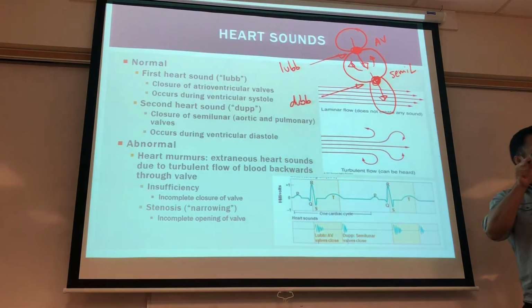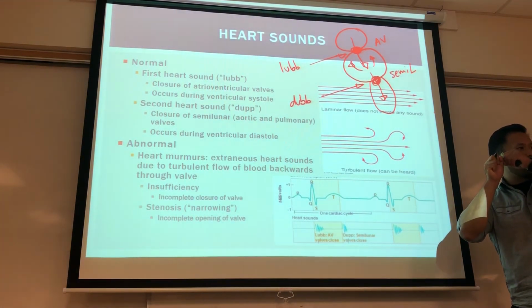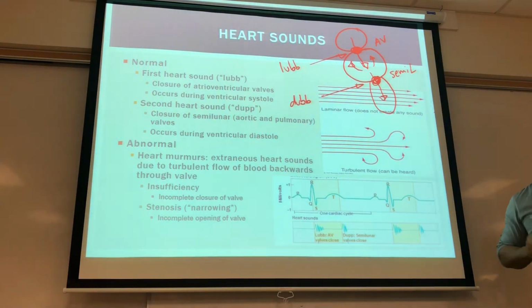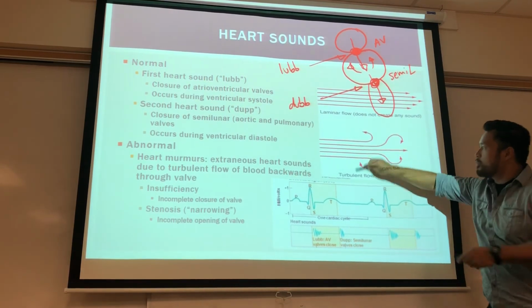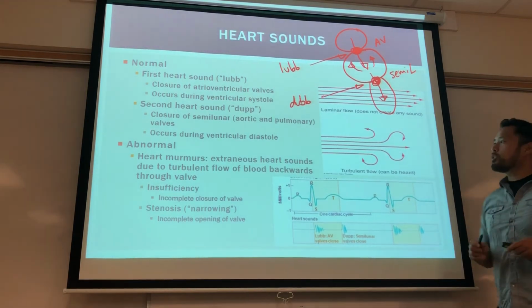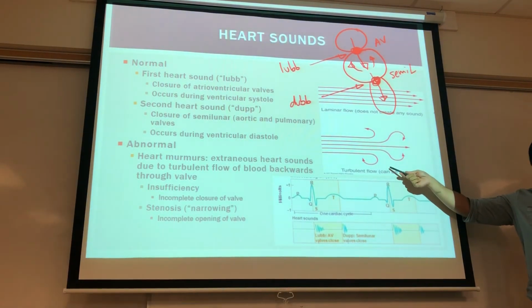Put a kink in the hose and now listen to it, and you're going to start hearing a whooshing sound. That's turbulent flow. Turbulent flow is the sound of water hitting that kink in the hose and spiraling all around in that area. Turbulence in the heart is not what we want.